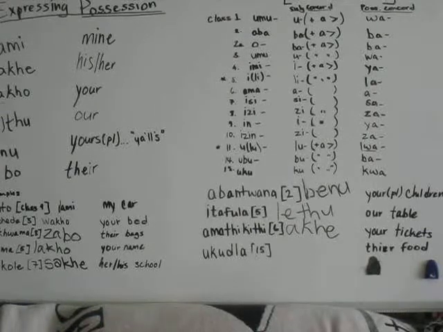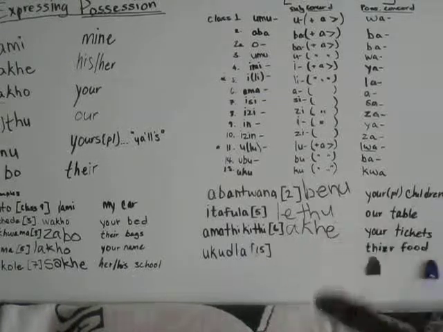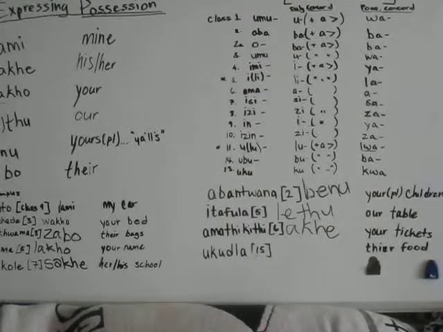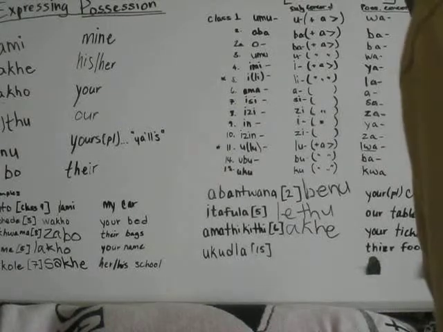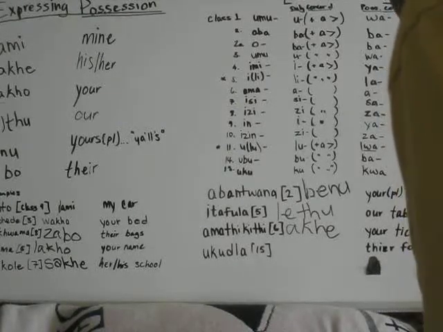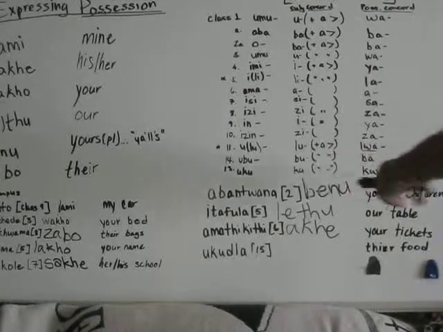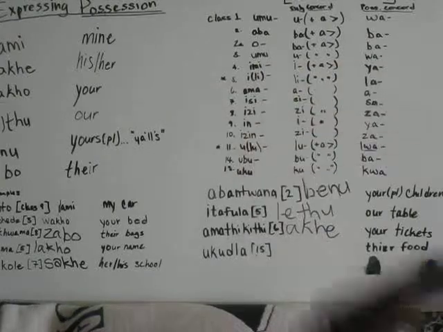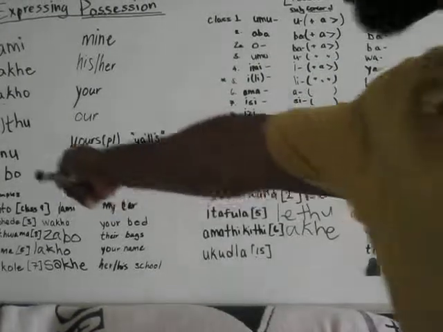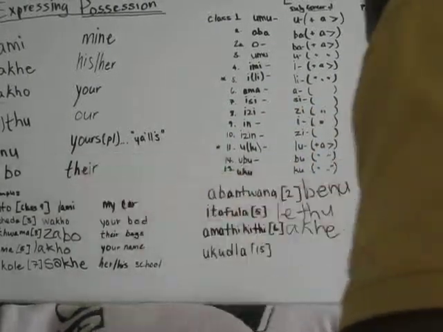So it's the same spelling as if you were to say to eat, but in this case it also means food, as a noun. So uku class gives us ku, kwa, ukudla, their food, ukudla kwabo.